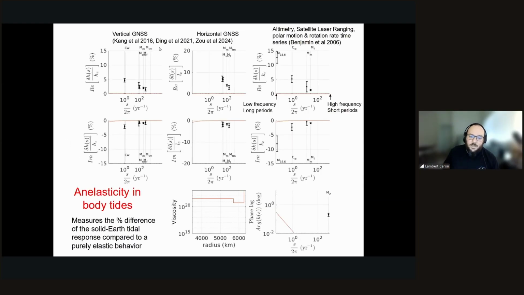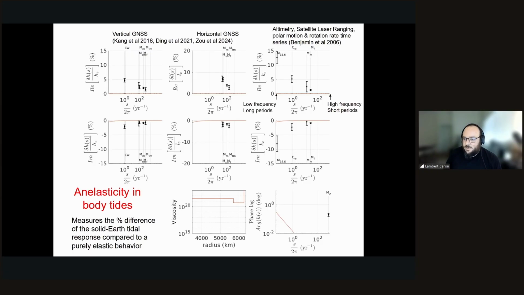So one way we can investigate this revision is to look at the Earth body tide data. What we're reporting here is the percent deviation to the degree 2 tidal Love numbers for the real part and the imaginary part.